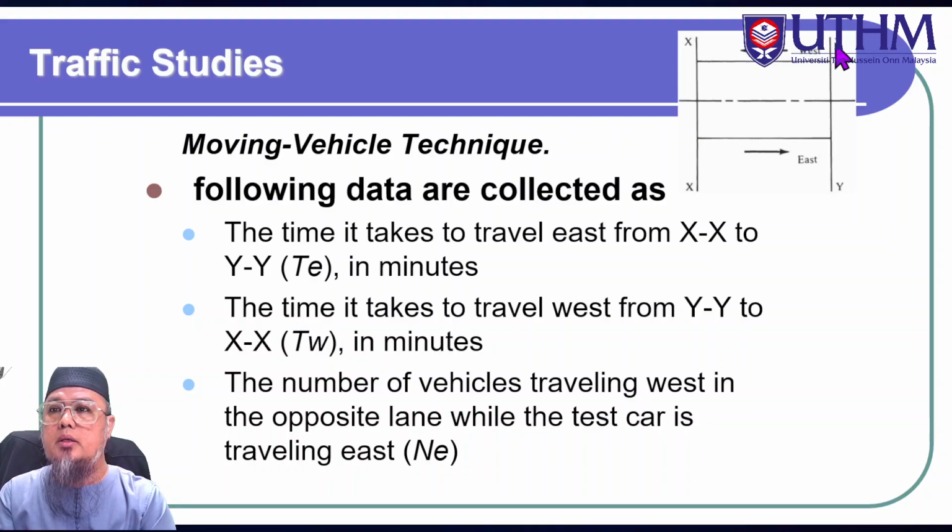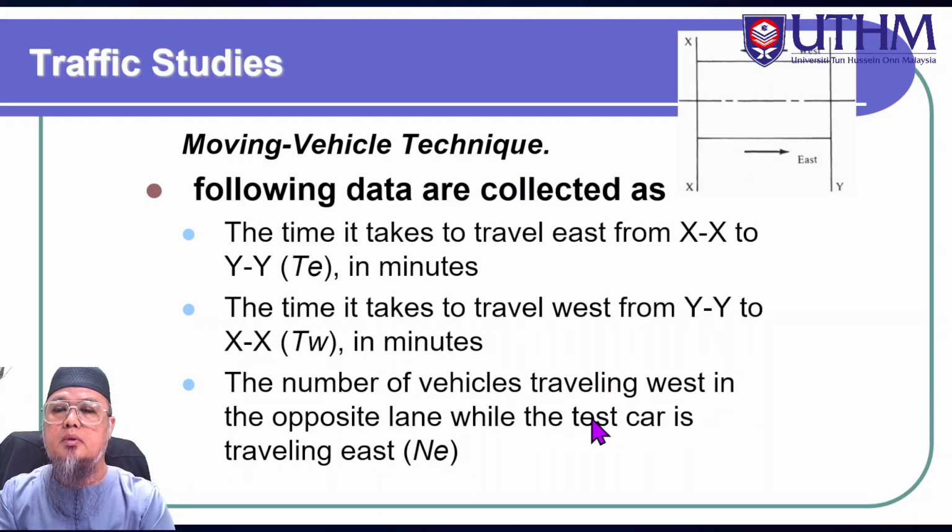Next, Y to X is Tw, where w refers to west. In between, there is also a number of vehicles traveling west in the opposite lane while the test car is traveling east, so the opposite lane.